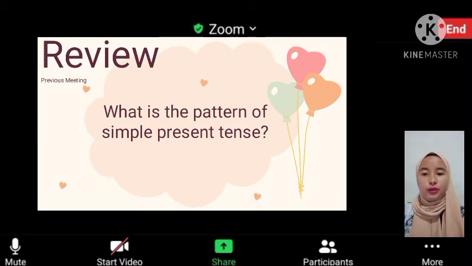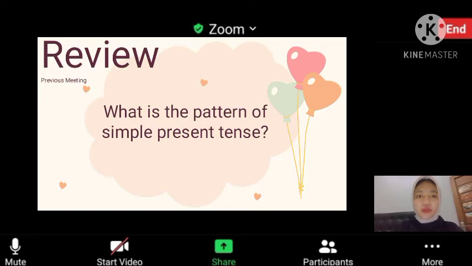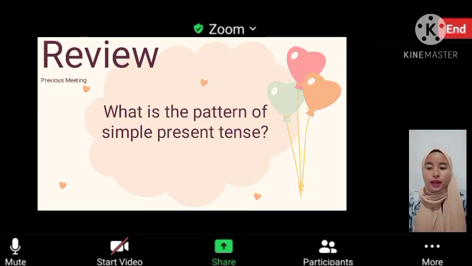And how about the interrogative pattern for both sentences? The pattern is do or does plus subject plus verb 1 for lexical or verbal sentences. For example, do you read a book? Good, Azmi.